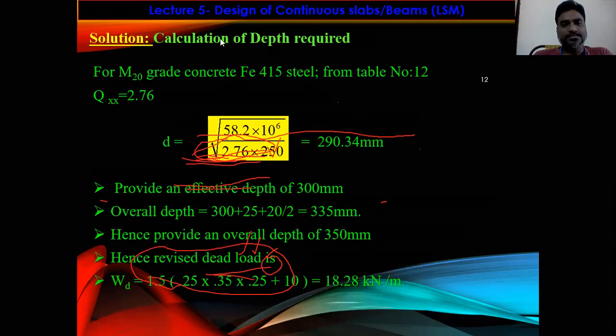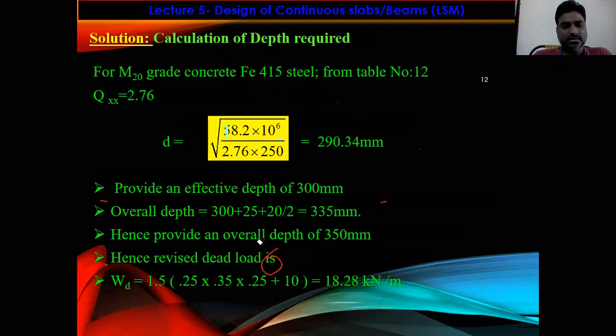Here, d required I got as 290.4 mm. So you need this much depth to resist this bending moment. But the effective depth we provided is 300, right?